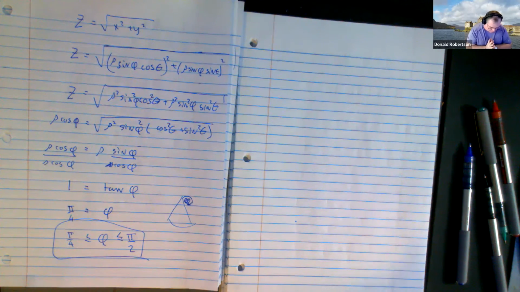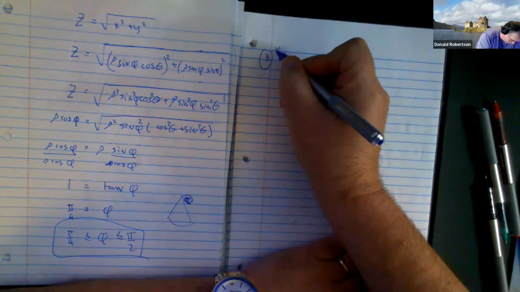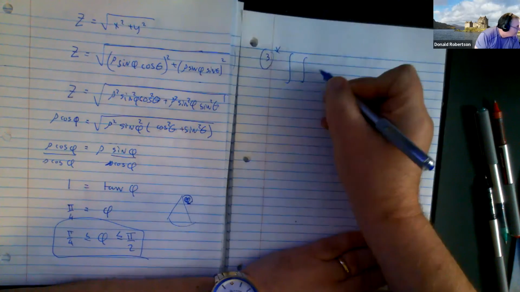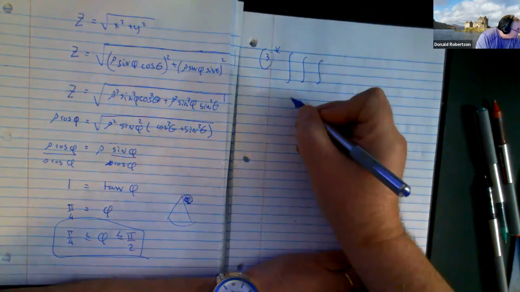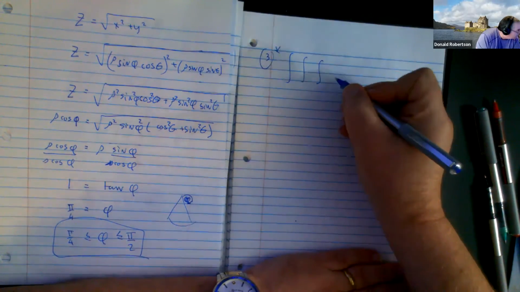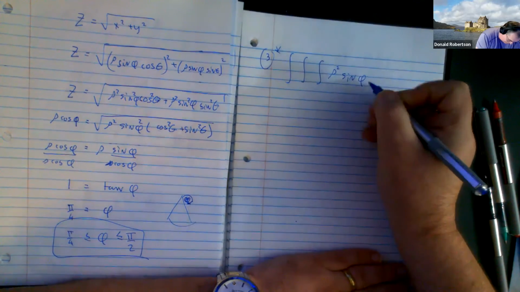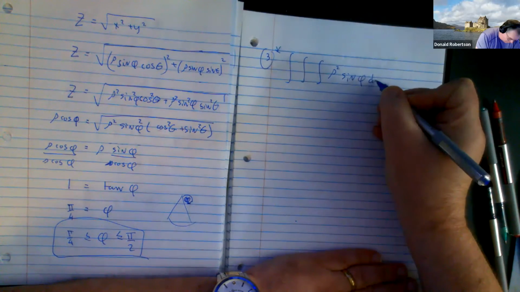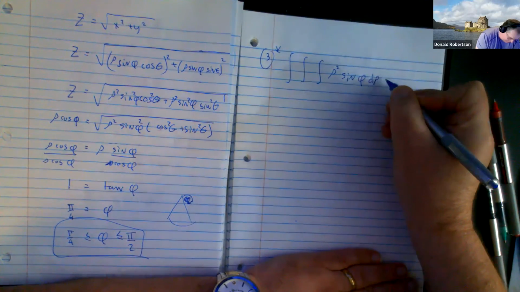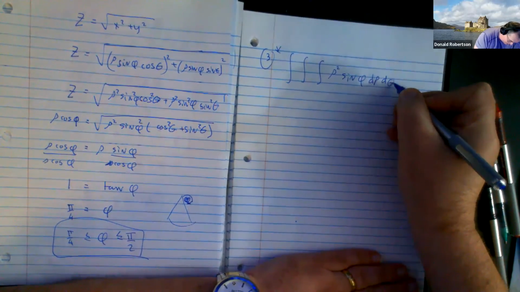So we need to do some integrals, don't we? Triple integrals. And the first one we're going to do is one where everything has been given to it. So we're going to find the integral of rho squared sine of phi d rho d theta d phi.